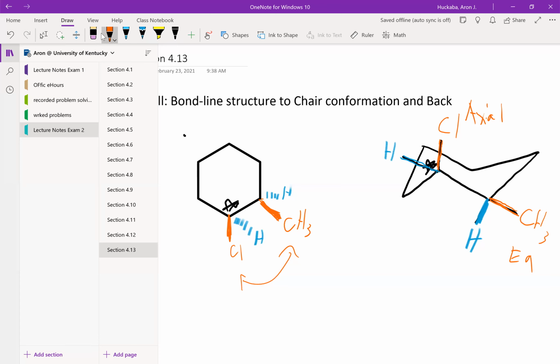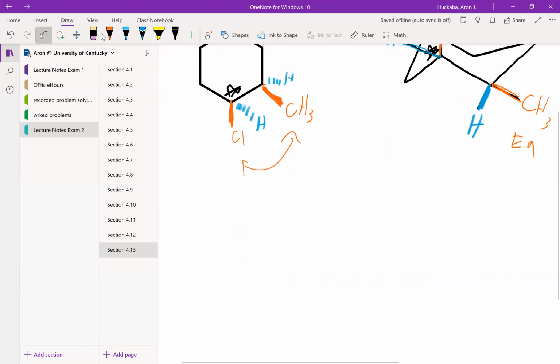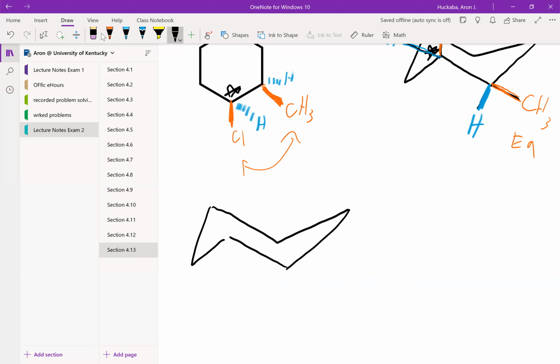All right, so then let's look at a chair conformation and go to a 2D structure. So let's draw our chair. Here's our V and our other parts here. There we are. That's not a bad looking chair.